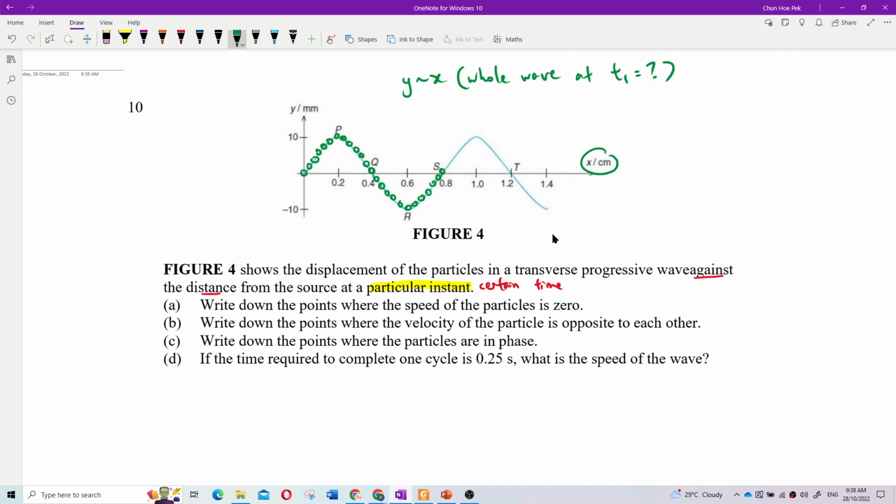Too lazy to write, so I'll draw them all.